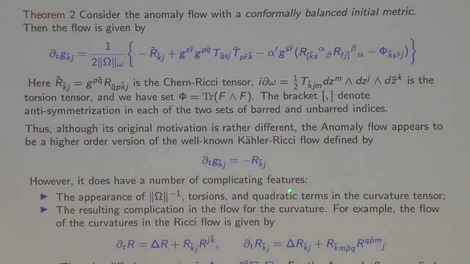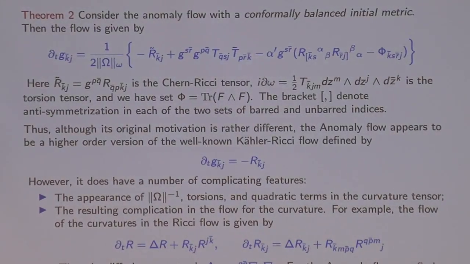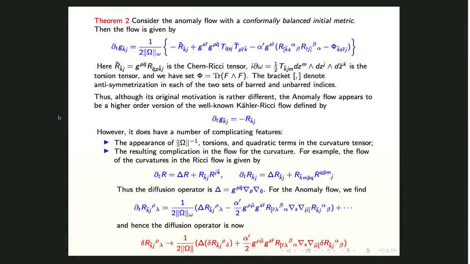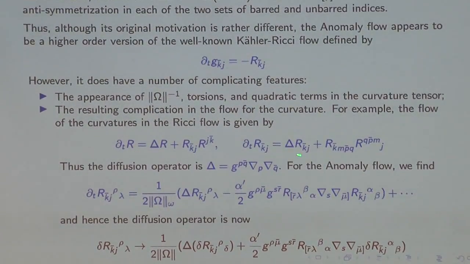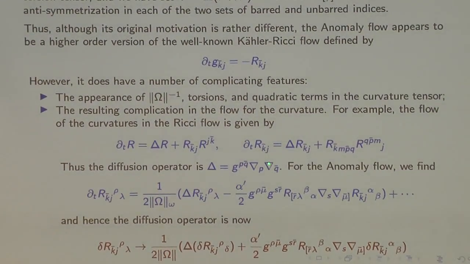Now, what's the result of these complications? Well, when it comes to a flow, the first thing that you have to work out is how the curvatures flow. So in the case of the Ricci flow, I wrote down here a simple formula. They are essentially given by a flow with the diffusion term being the Laplacian, written like this. But for the anomaly flow, due to these additional complications, not surprisingly, you now find this 1/2 omega.